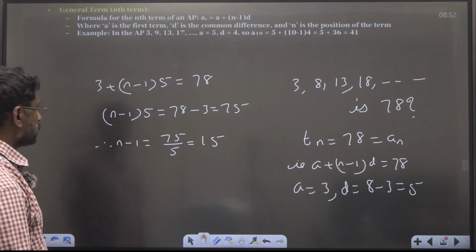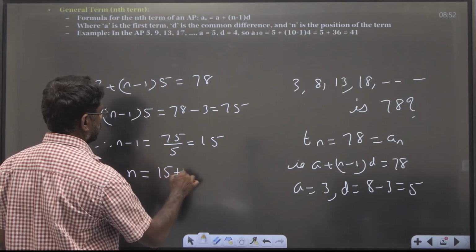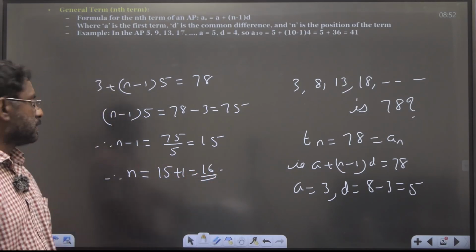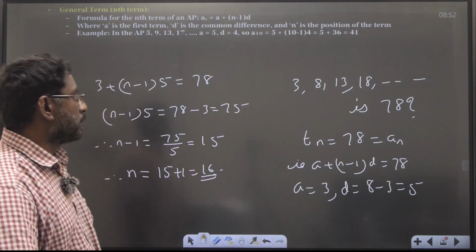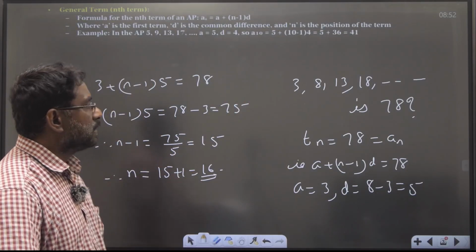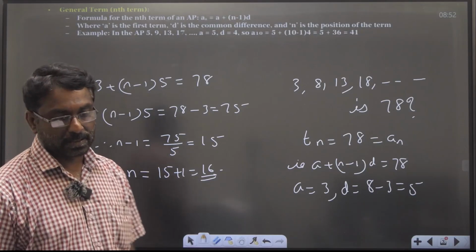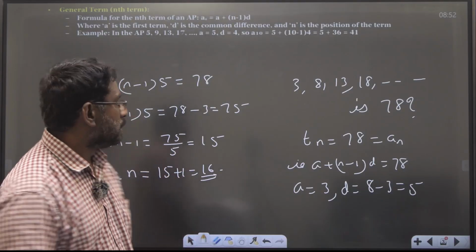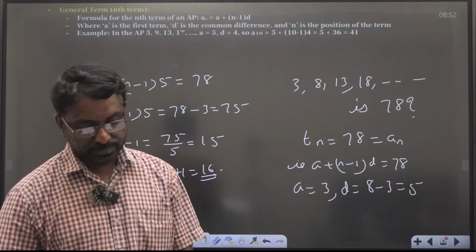Therefore n is 15 plus 1, that is 16. So, 78 is the 16th term of this arithmetic progression. Hence, the 16th term of the AP is 78.